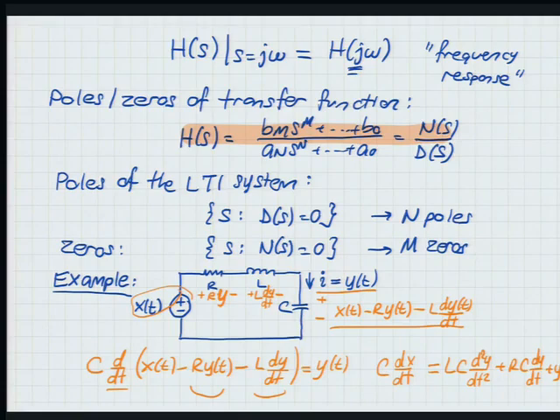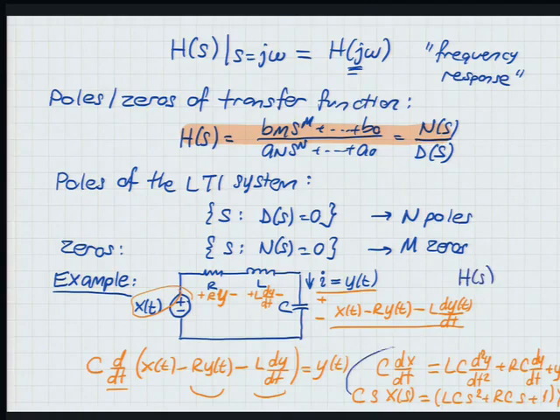The left-hand side looks like Cs X of s, and the right-hand side looks like LCs squared plus RCs plus 1 times Y. Am I doing this correctly? I think I am.